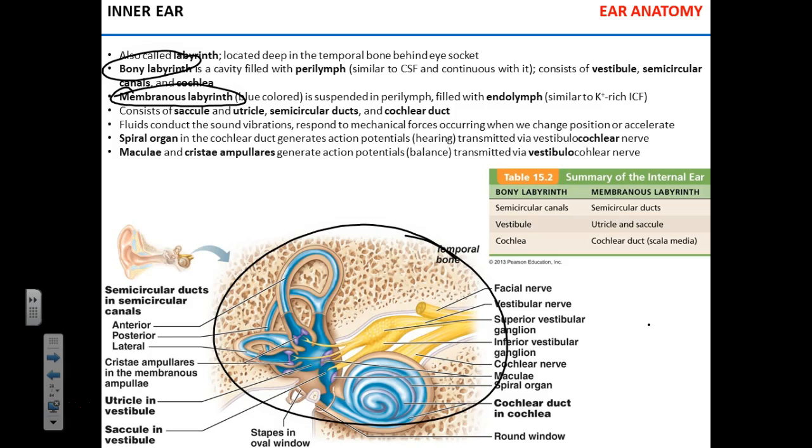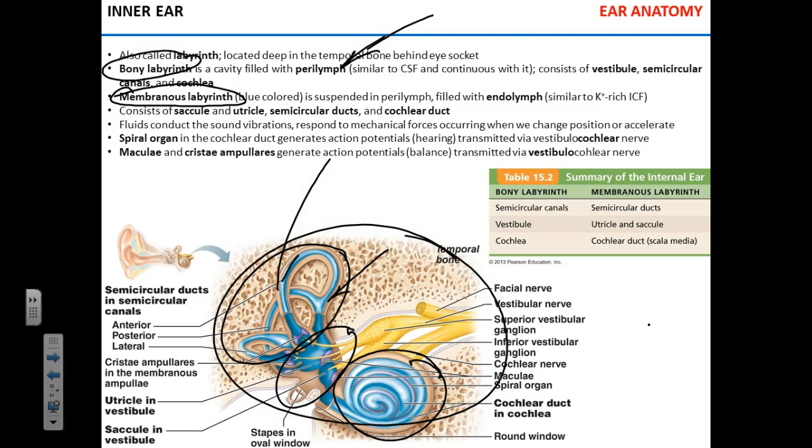Does that make sense? Bony labyrinth is a cavity inside of the temporal bone. This cavity is filled with a fluid called perilymph. And the cavity, the bony labyrinth, consists of three parts: the cochlea, the vestibule, and the semicircular canals.